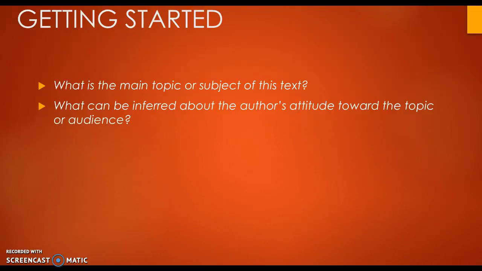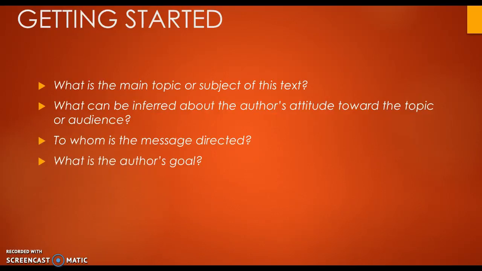Find key words about the author's attitude and make a note about it in the margin. Find evidence that gives you an idea of who the audience is and note it in the margin. To whom is this message directed? Again, make note of evidence that supports who you think is the audience of the text.